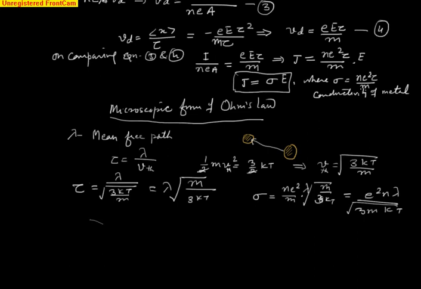So therefore we can say that sigma, or the conductivity of the metal, is inversely proportional to the square root of the temperature.